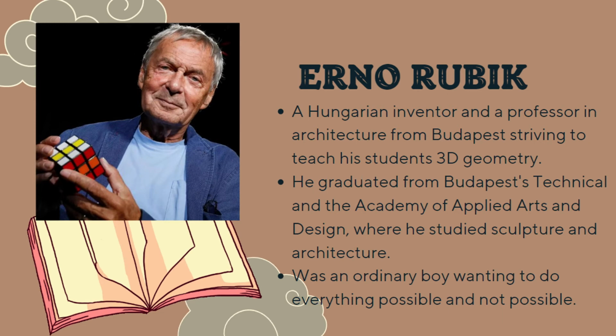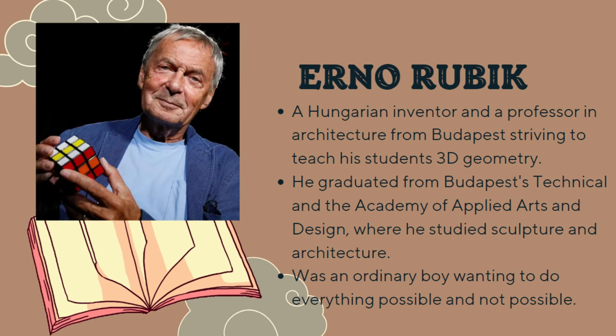Making the Rubik's Cube was an inspiration to them, because he wanted to teach his students 3D geometry, and one way to teach them was by inventing the Rubik's Cube.